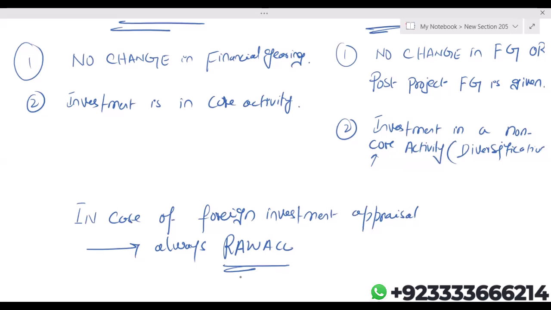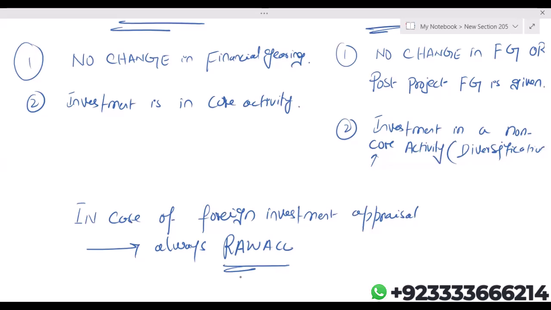Now listen, the way back there was a question on NPV, and it was a foreign investment appraisal question. An examiner deliberately gave a student company's WACC, the current WACC. The examiner did not give any information for calculating the risk adjusted WACC at all.